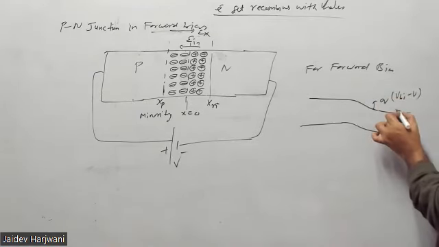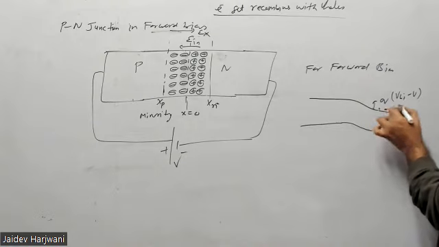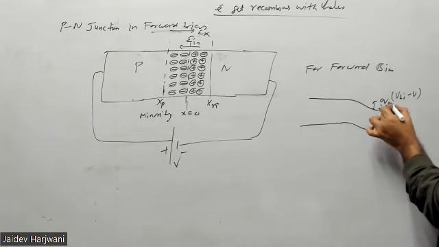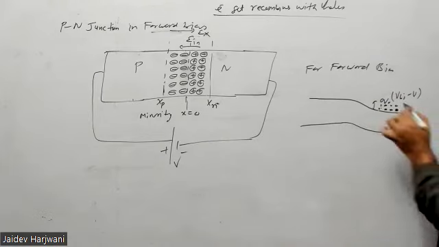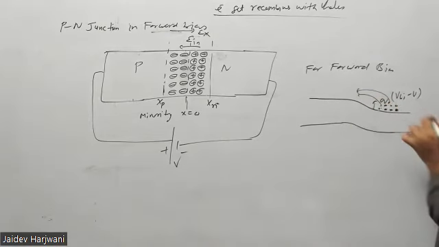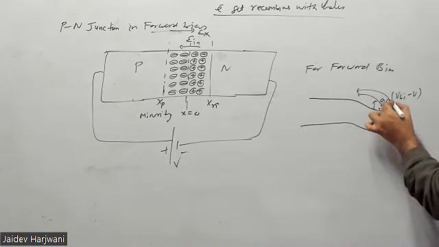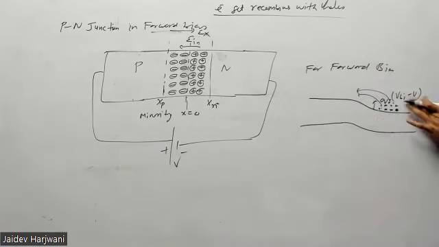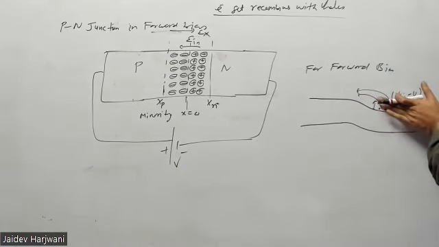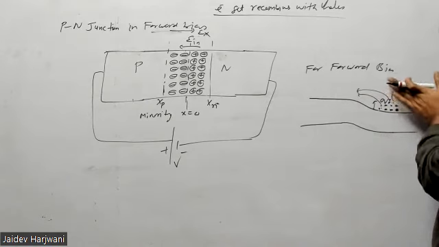Now here the majority charge carriers are there. When the barrier is decreasing, these electrons can move here. Again, diffusion can take place, because these electrons have kinetic energy, temperature energy, and as soon as you keep on increasing this, this level goes up and up.